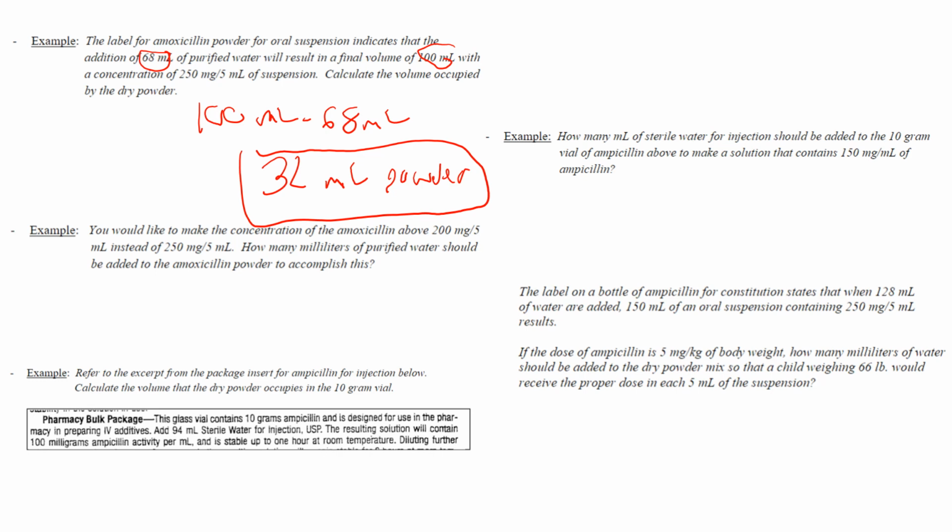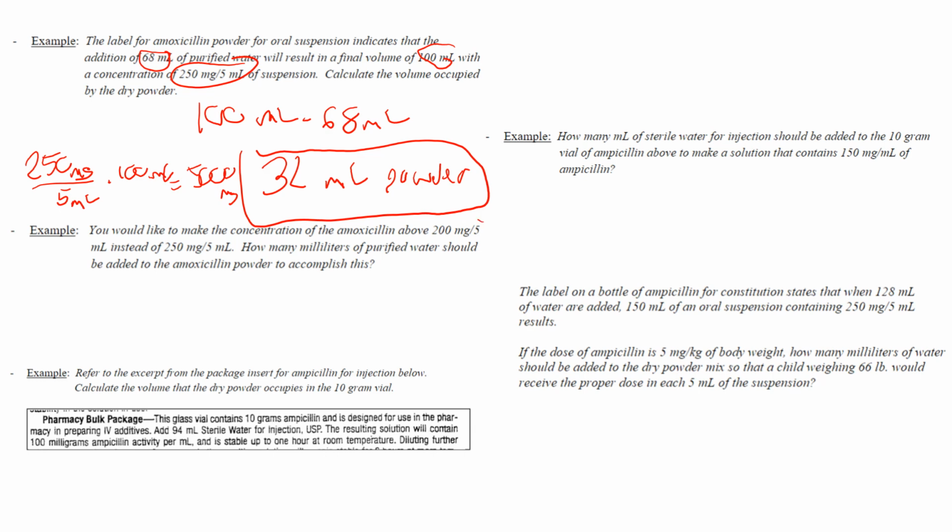Since we know that our initial concentration was 250 milligrams per 5 milliliters, and our final volume was 100 milliliters, let me run this through my calculator really quick, 250 divided by 5 times 100, there's 5,000 milligrams of amoxicillin total in that vial.